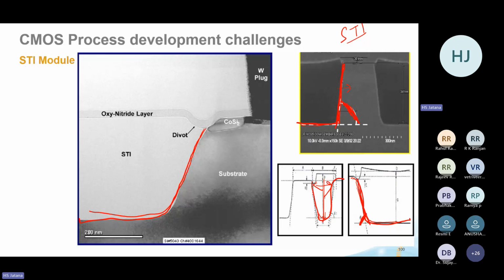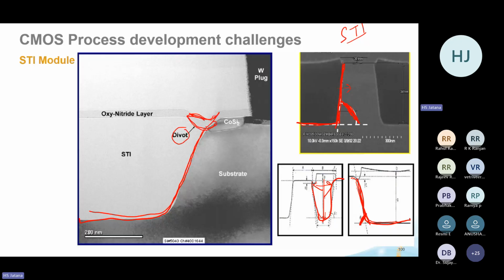After the step is done, before the wafer goes to the next step, the next step machine should know where that wall is. So there has to be some identification mark. And how? For the identification mark, we have to make this kind of structure, this divot. This is a divot.